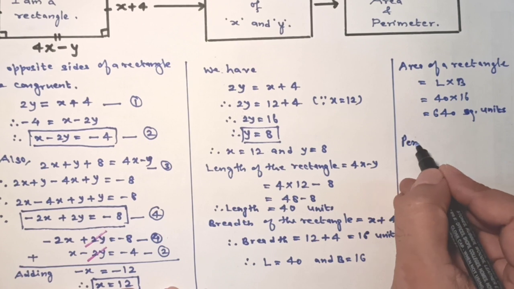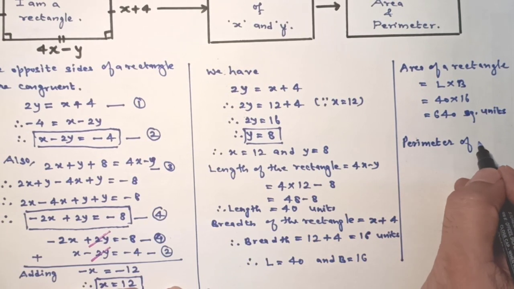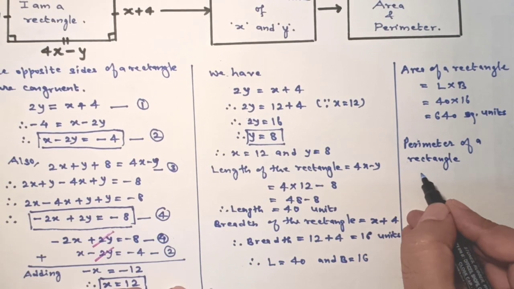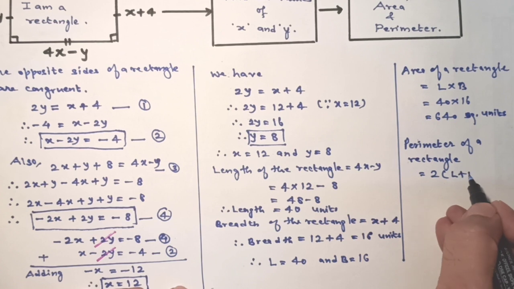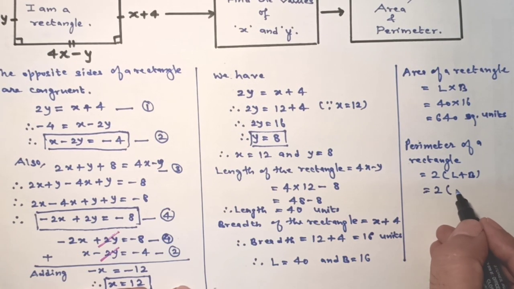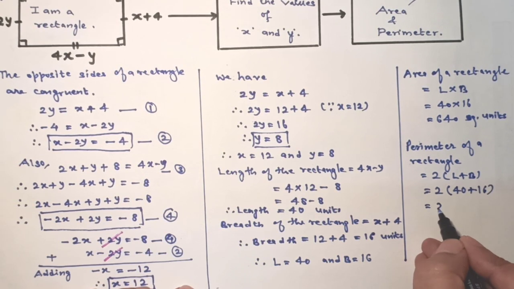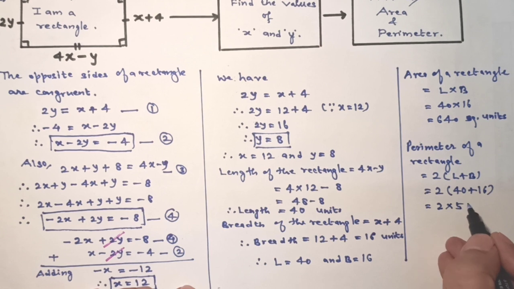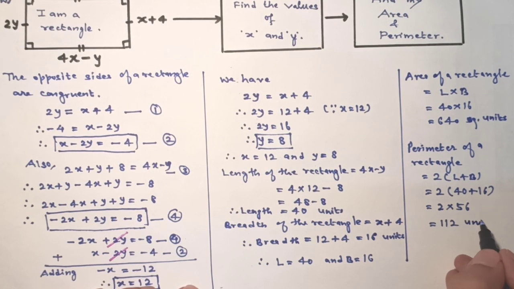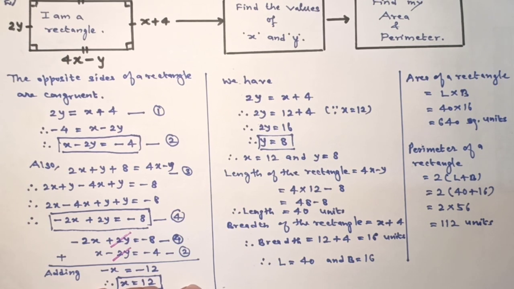Now you find out perimeter. Perimeter of a rectangle is 2 into length plus breadth. 2 into length is 40 plus 16. 2 into 56, that will give you 112 units. So you can write your answer.